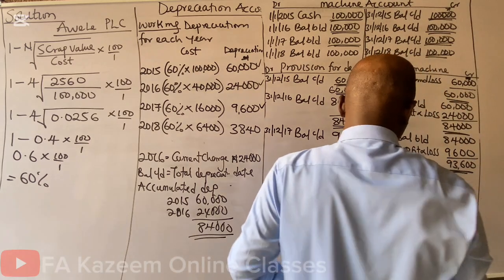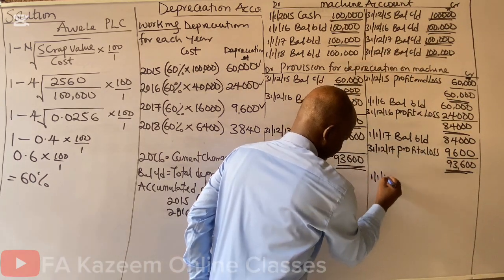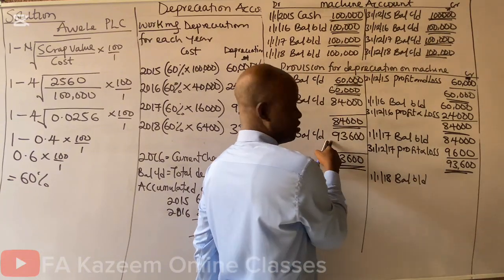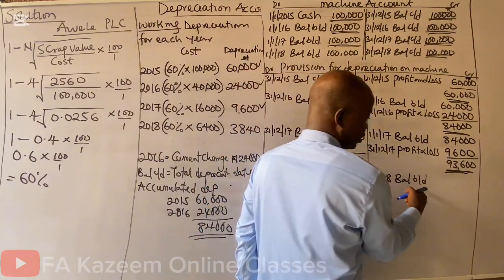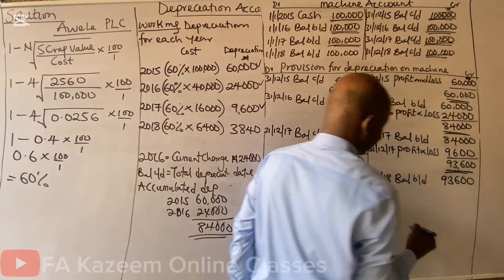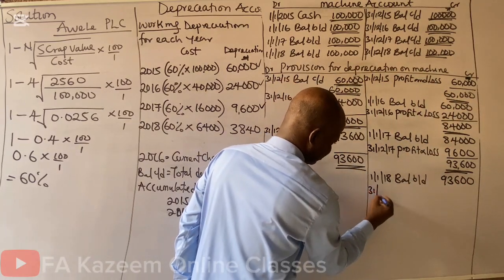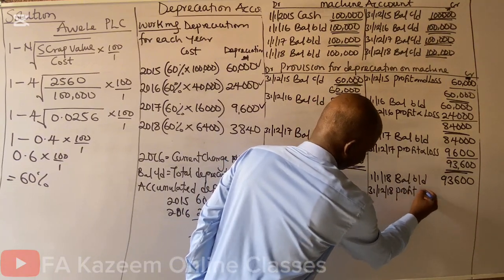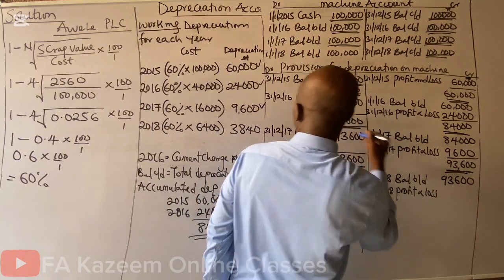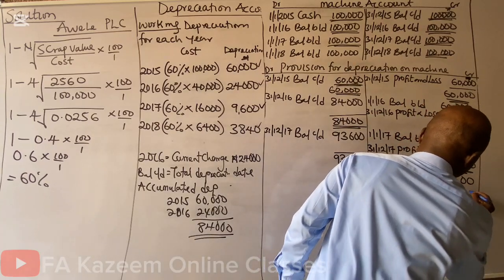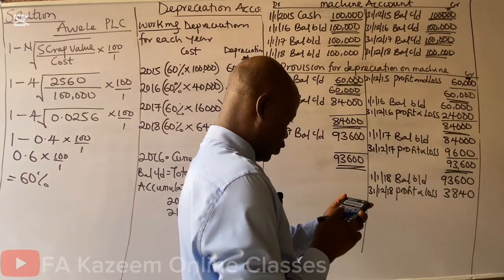Now to the final year, which is 2018, we have balance brought down first from the previous year to the current year. That's 93,600. Now at the end of 2018, which is the 12th month, we are going to set aside again from our profit and loss. How much this time? 3,840.